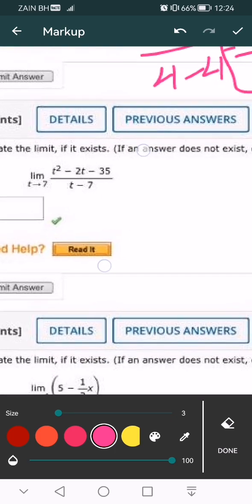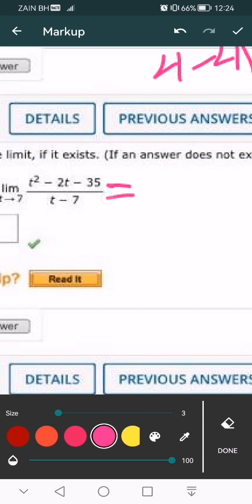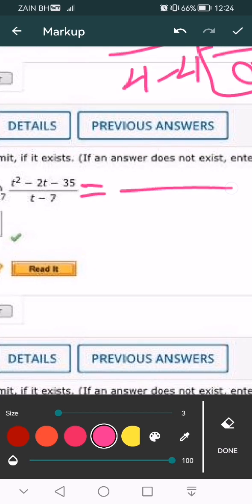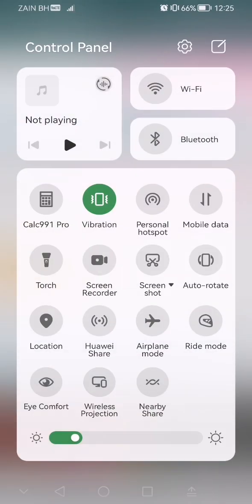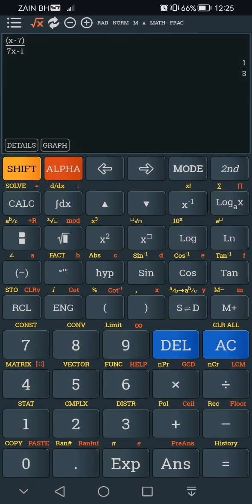Now this one also same. The main thing is if I have the second degree or the third degree in the question, I have to factorize the equation. So this one also again mod 5 3, 1 minus 2 minus 35. If you want to see it, I will show it now in my calculator. Okay, let us show you.